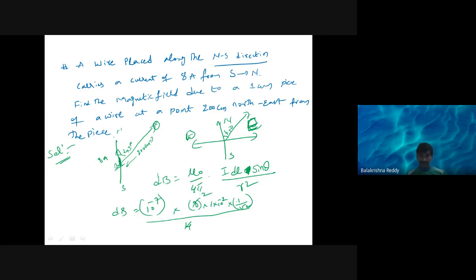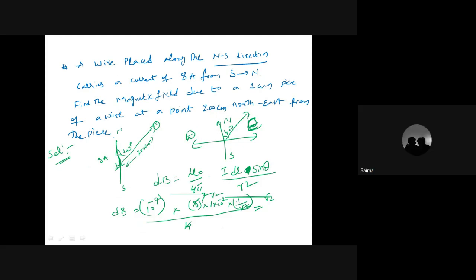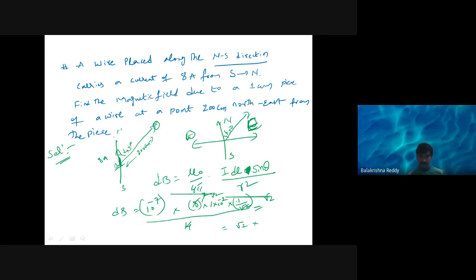Now we have 2 here and root 2 there. So 2 can be written as root 2 into root 2. Then this root 2 cancels, and I have root 2 here, into 10 to the power minus 7 and 10 to the power minus 2, which is 10 to the power minus 9.